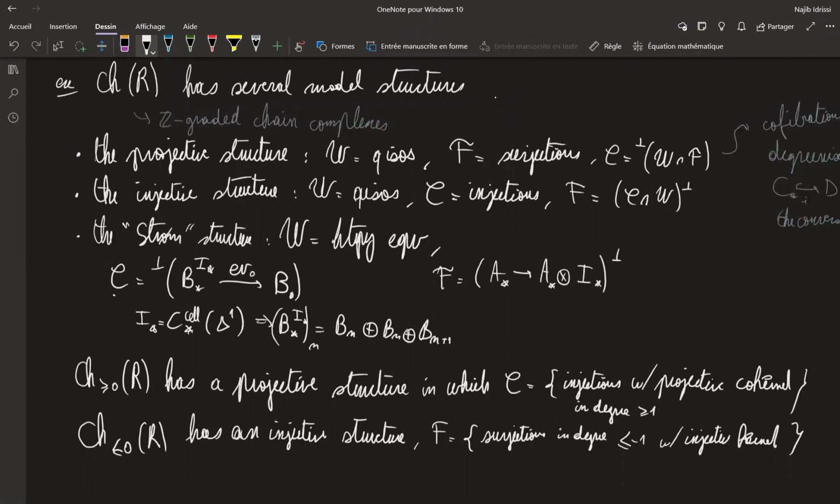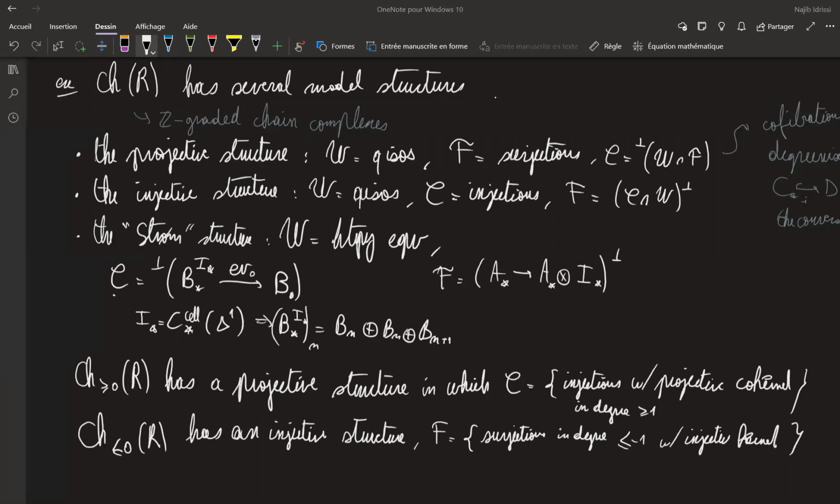So are there any questions so far about these examples? As I said, here I just listed examples and told you there are model categories. It's not trivial to check that they are model structures. There is a question in the chat.